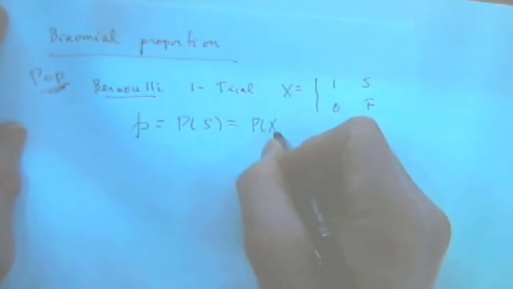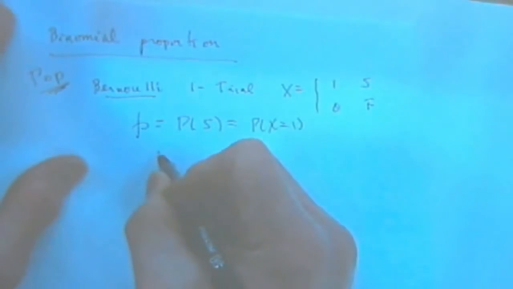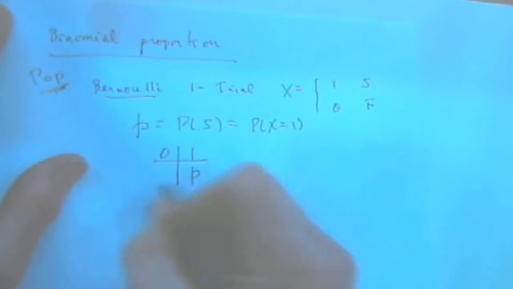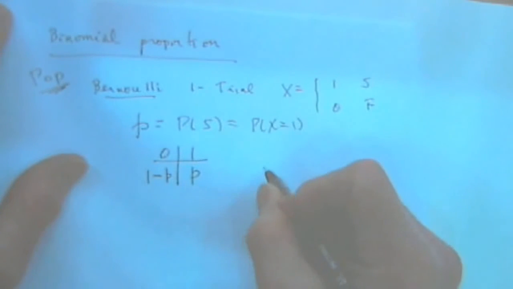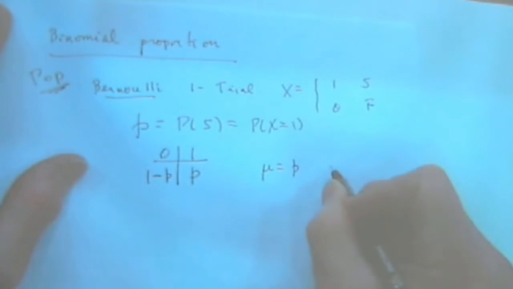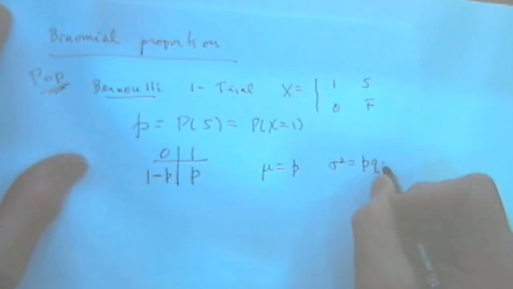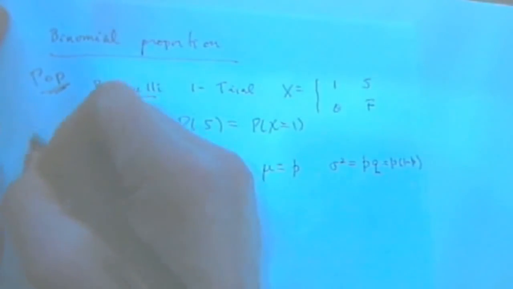That's the probability of success. So you can tabulate the distribution. We talked about this: the variance is p times q, and again q is 1 minus p. So this is our population.